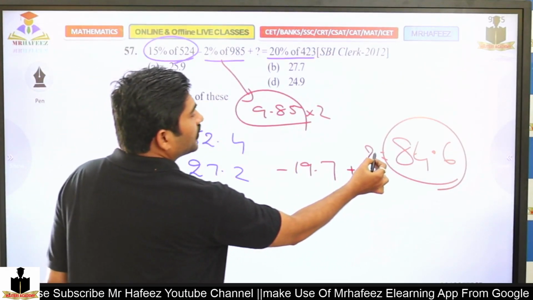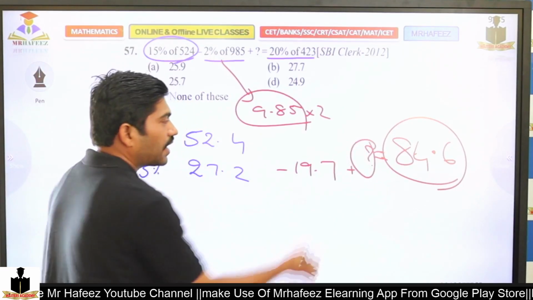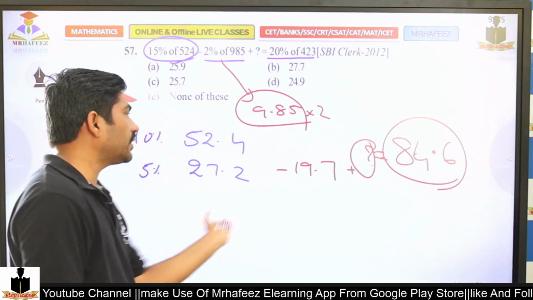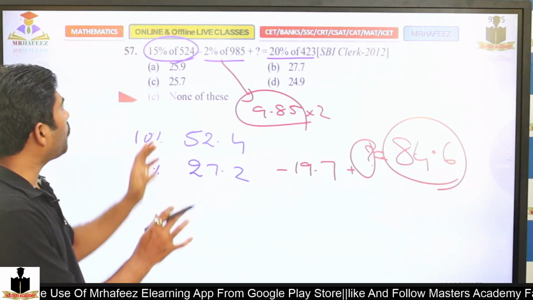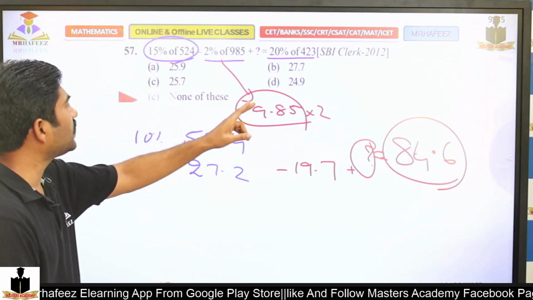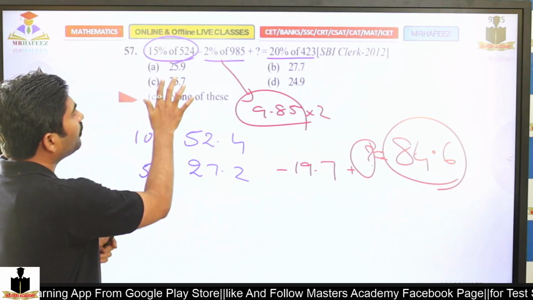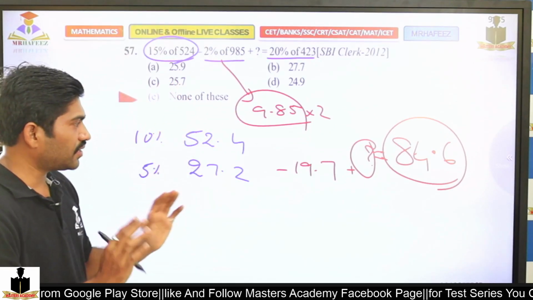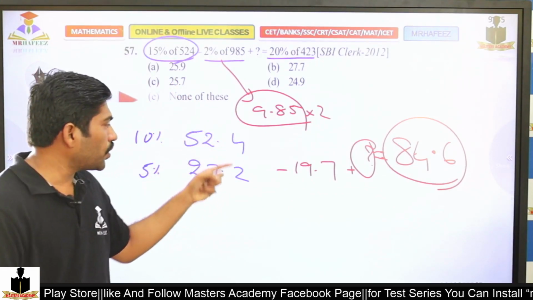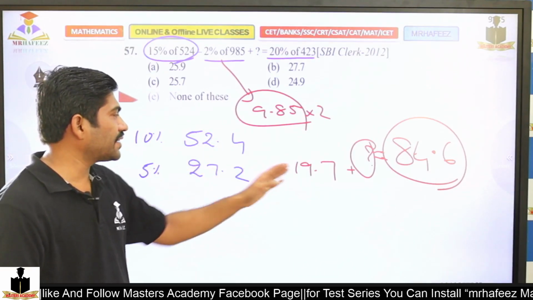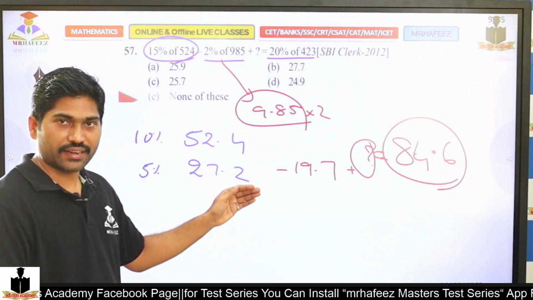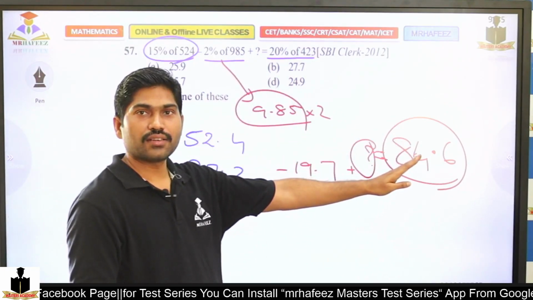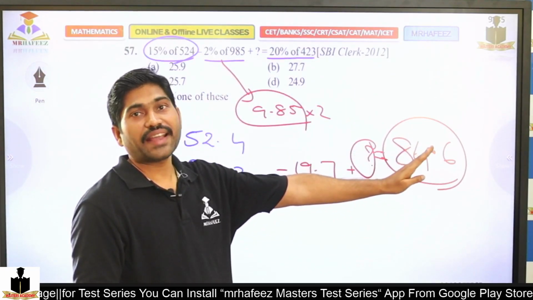84.6 is there, and the question mark is there. So I'll keep the question mark and send all this to the other side. So 52, I'll take approximation. The values 25.9 and 25.7 are dangerous. I'll just add 4 plus 2, that is 6. 6.6 minus 7, so definitely minus 0.9.